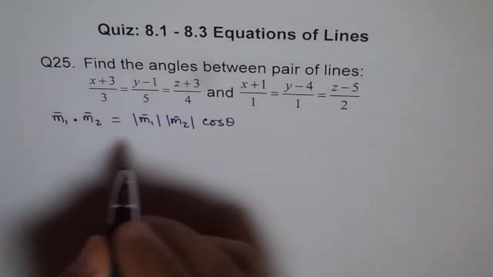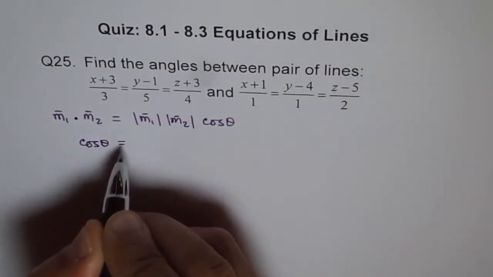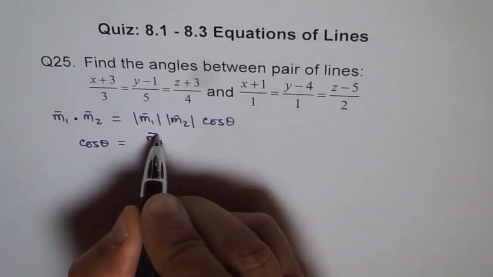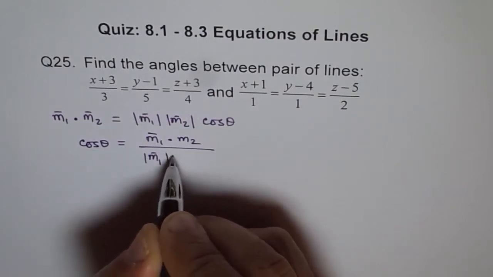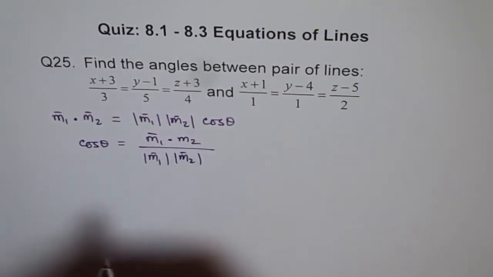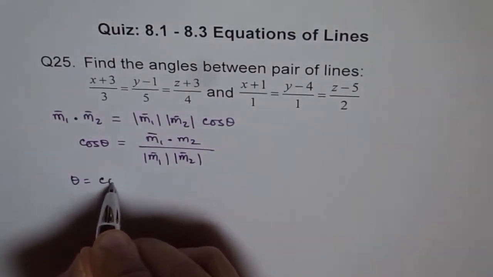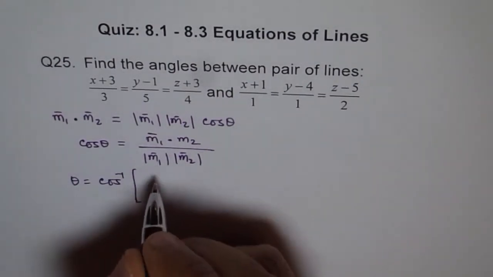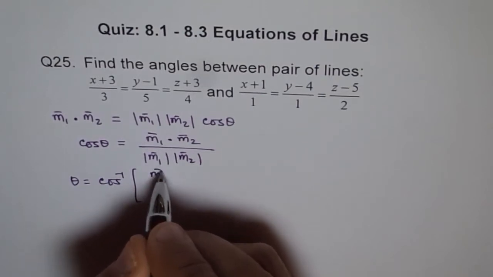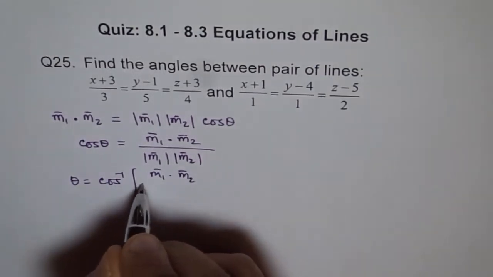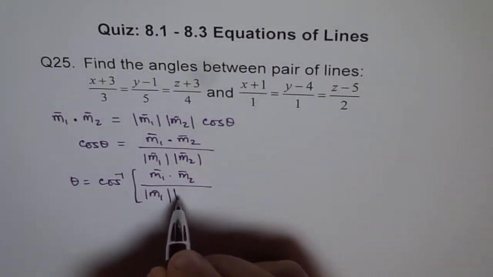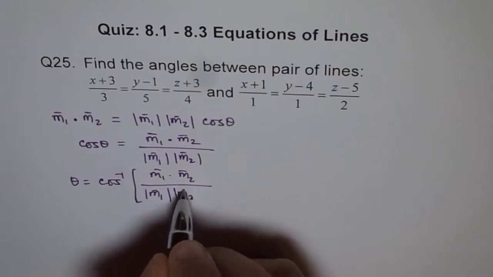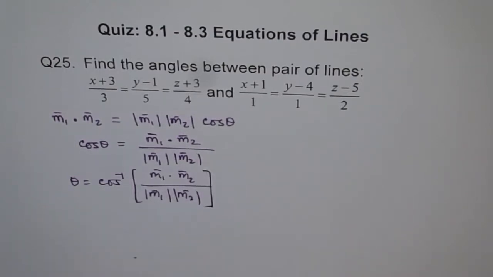So cos of theta is equal to M1 dot M2 divided by the magnitudes of M1 and M2, and theta equals cos inverse of this, M1 dot M2 divided by the magnitudes of the direction vectors. So that is what we need to do.